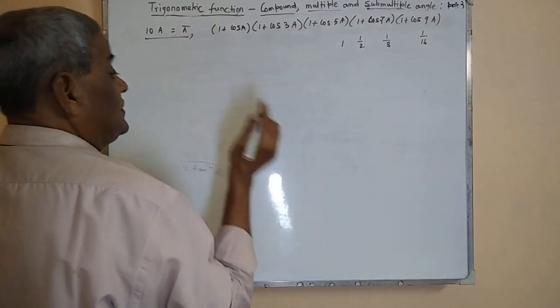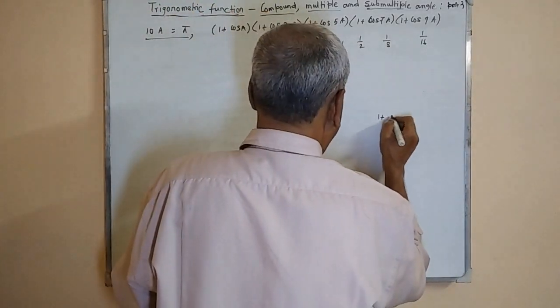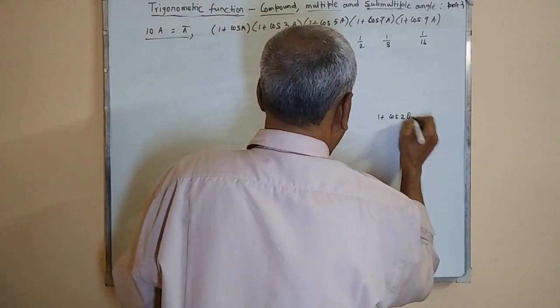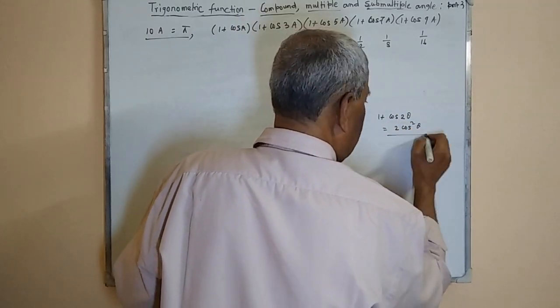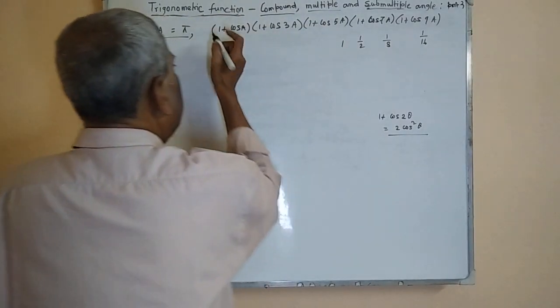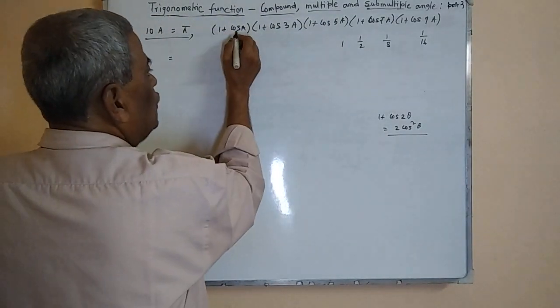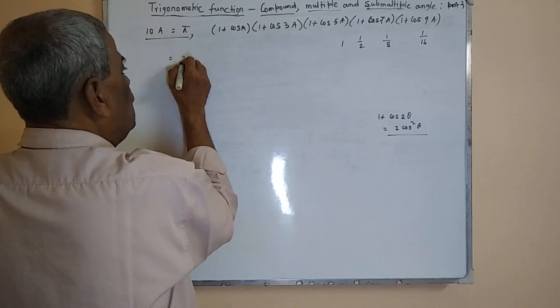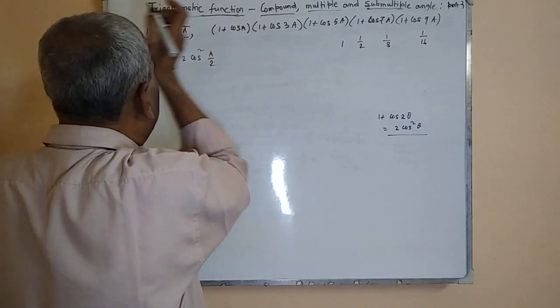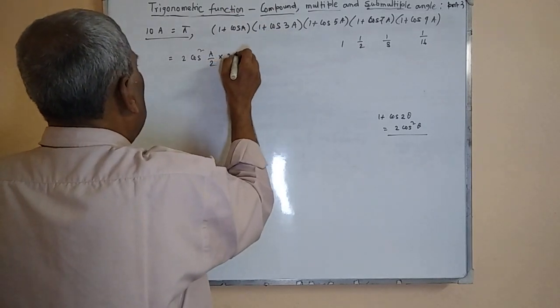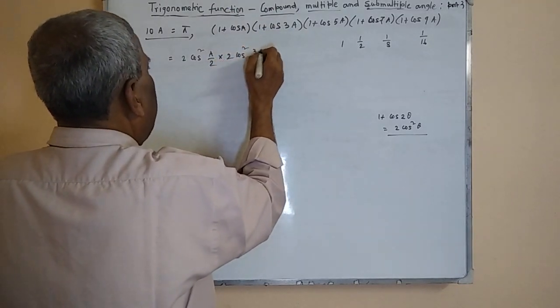1 plus cos 2 theta is equal to 2 cos square theta. That we know. So 1 plus cos A is 2 cos square A by 2. This one is 2 cos square 3A by 2.